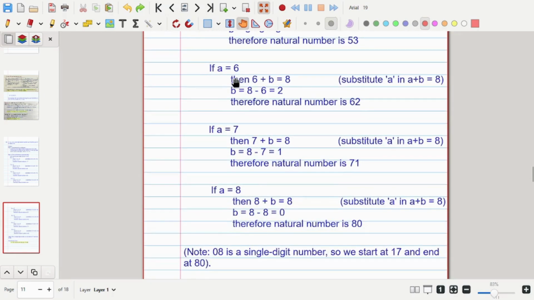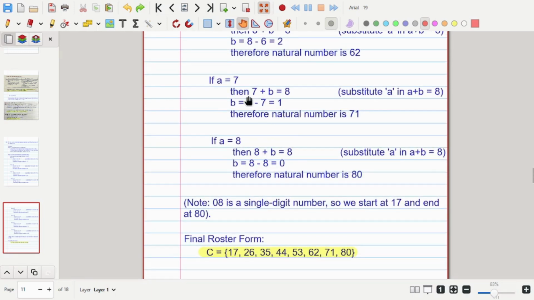If A is 6, then 6 plus B is equal to 8, B is equal to 8 minus 6, which is 2. The natural number is 62. If A is 7, then 7 plus B is equal to 8, B is equal to 8 minus 7, which is 1. The natural number is 71.